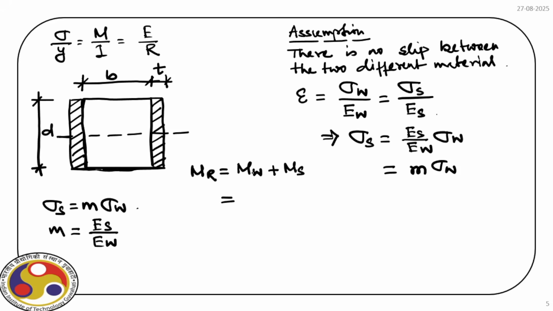We can quantify the moment of resistance offered by wood, and if you recall, it is 1 by 6 B D square times sigma W, right? 1 by 6 B D square is the section modulus times the stress developed on the wooden fiber, plus we have 1/6 times the width of the steel cross section, that is T, times D square times sigma S, which is the moment of resistance of a single steel plate.